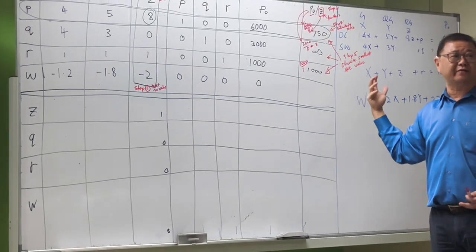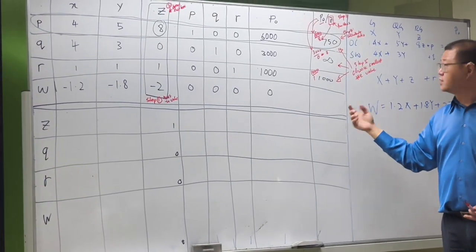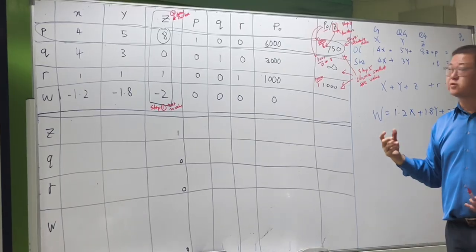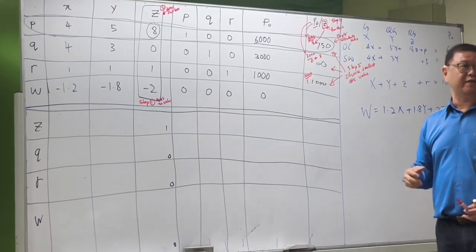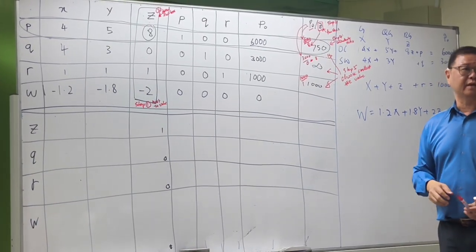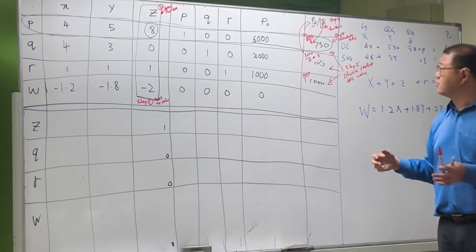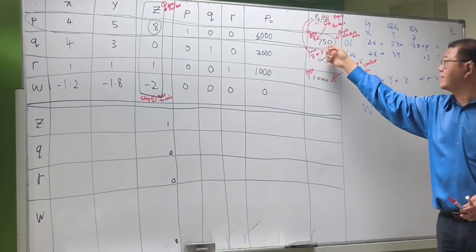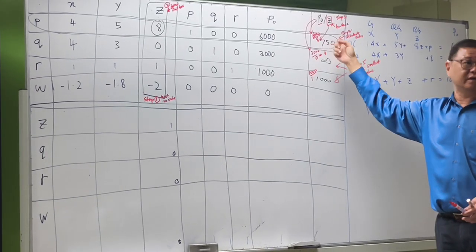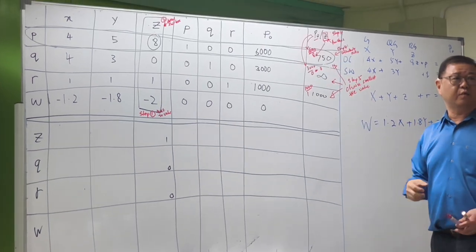How can you produce 900 units? Cannot. Is it possible to produce 1,000 units? No, cannot. The most you can produce is 750 units a day. If you go and produce 1,000 units, this value becomes negative. Why negative?